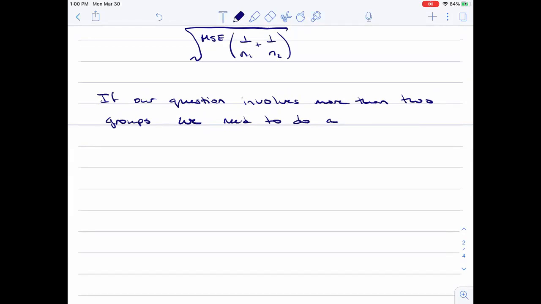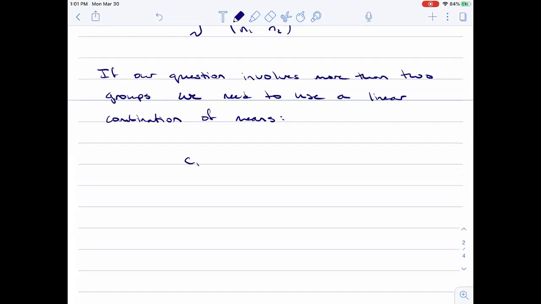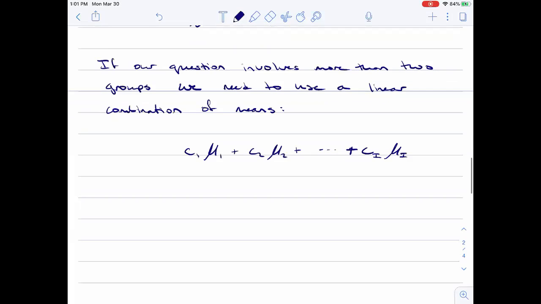We need to use a linear combination of means, which is going to look something like C1 mu1 plus C2 mu2 plus all the way up to however many groups we have, Ci mu i.